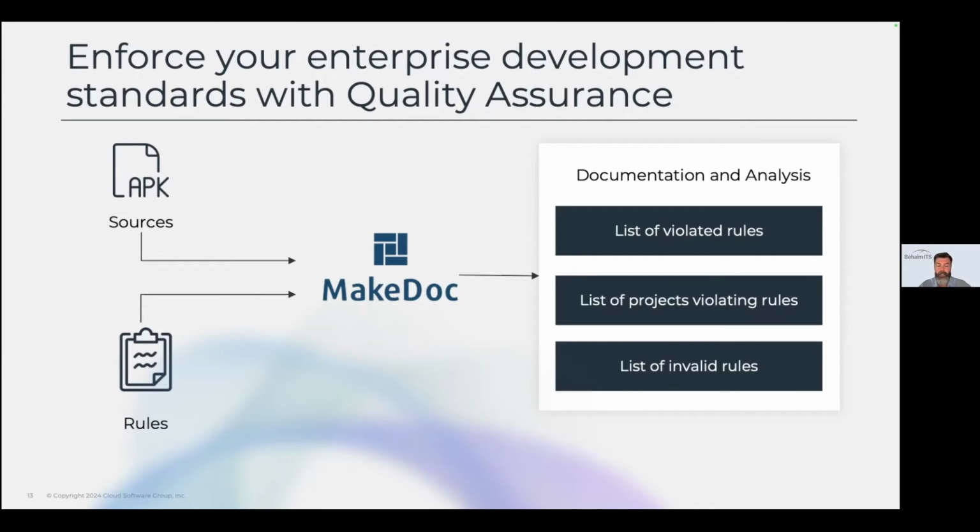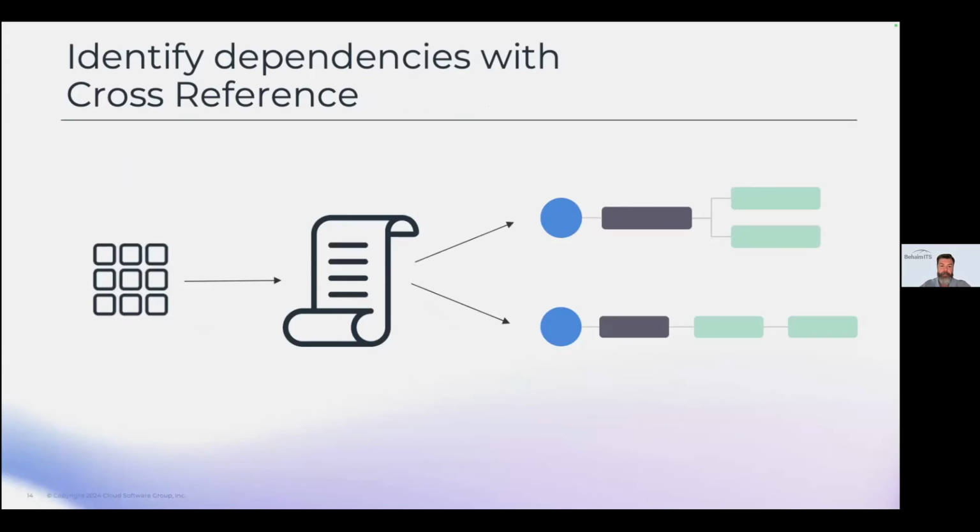The report also provides a list of invalid rules, in case you make a mistake when adding your new custom rule, so you can easily fix the error, and that's it. So this module helps to keep the quality of your code on a higher level.